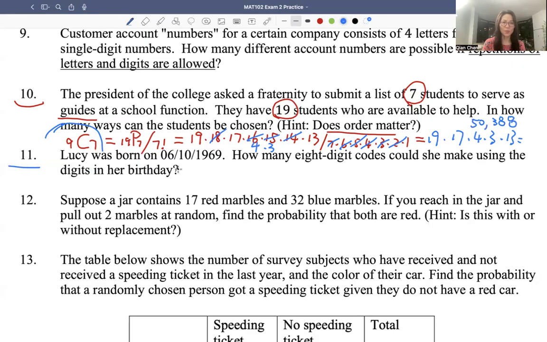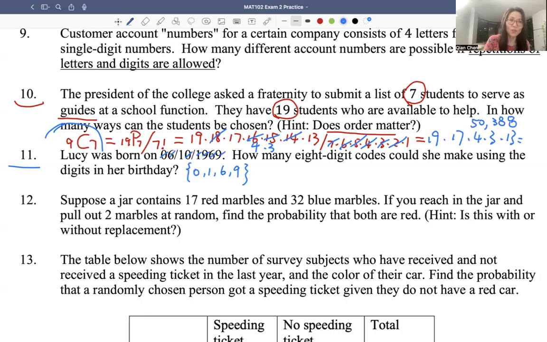Lucy was born on June 10th, 1969. How many 8-digit codes could she make using the digits in her birthday? So how many digits in her birthday? 0 is there, 1 is there, 6 there, 9. 4 digits, right? 0, 1, 6, 9.